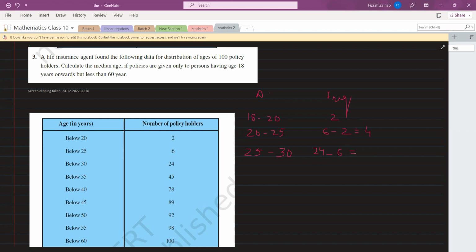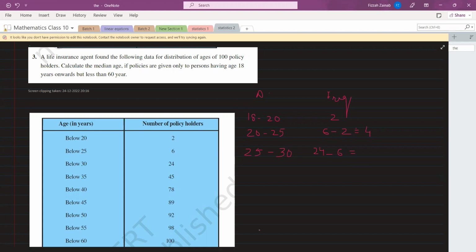See, 6 people are below 25, right? And your class interval is starting from 25. So you have to subtract those 6 people, because you are only looking at ages after 25. So 24 minus 6. The next frequency will be 45 minus 24, the next will be 78 minus 45, and like that.